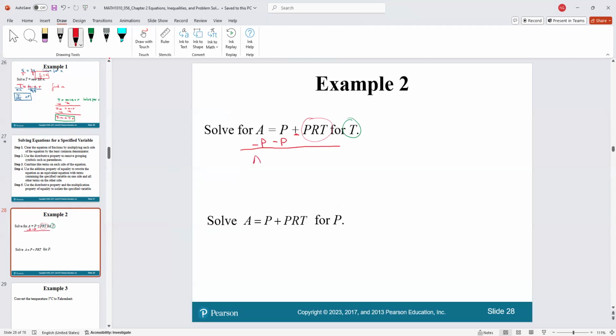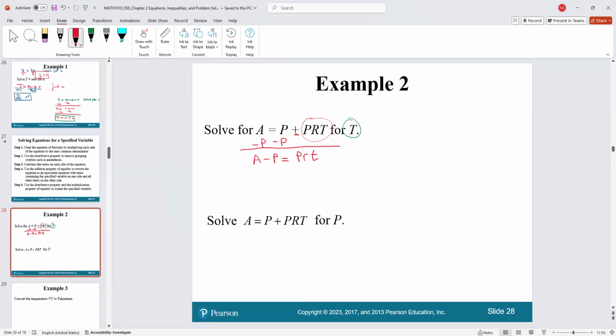So I have A minus P equals PRT. Now on the right, I have a product of three factors, P, R, T. I only need to have T on the right. I need to get rid of P and R.